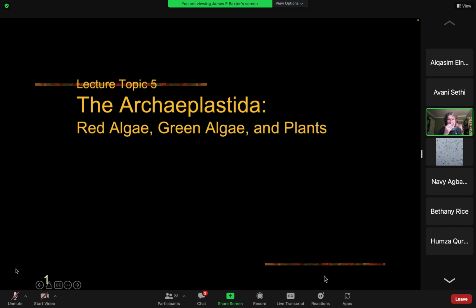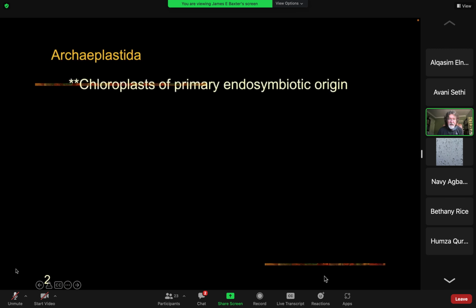So the Archaeplastida are green algae, red algae, and land plants. As I already mentioned, the main synapomorphy that holds these groups together is that they have chloroplasts of primary symbiotic origin. Their ancestors took up a cyanobacterium, and the cyanobacterium eventually lost its identity and became the chloroplast.